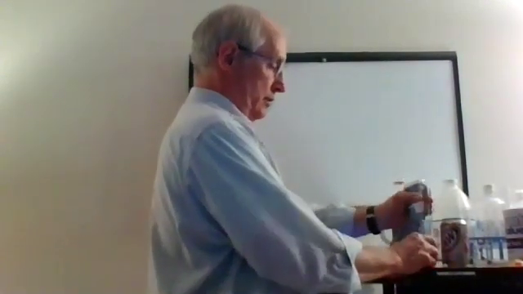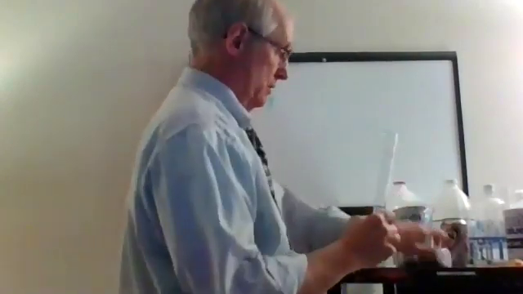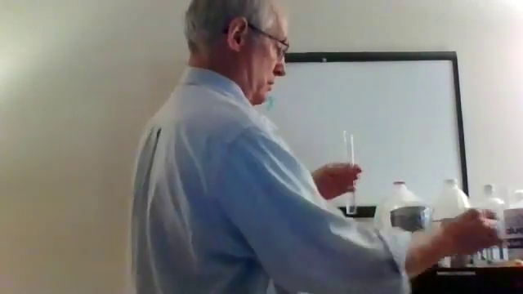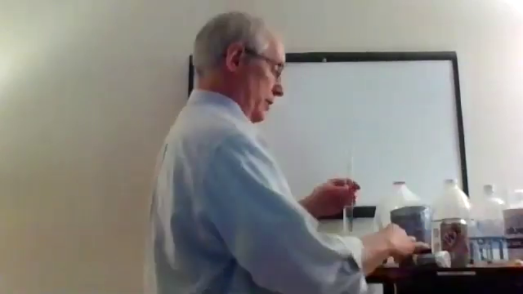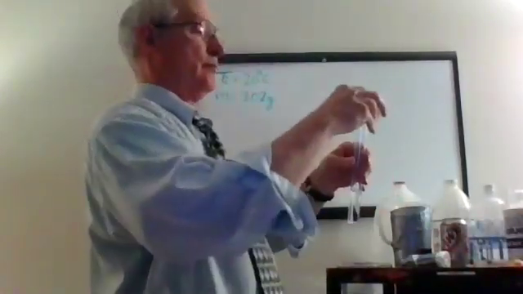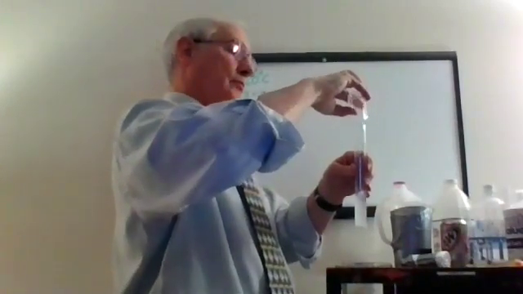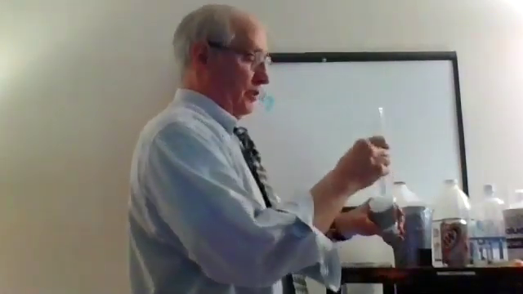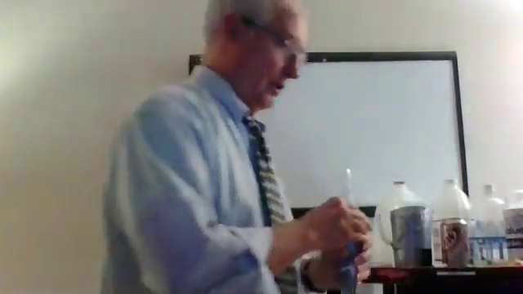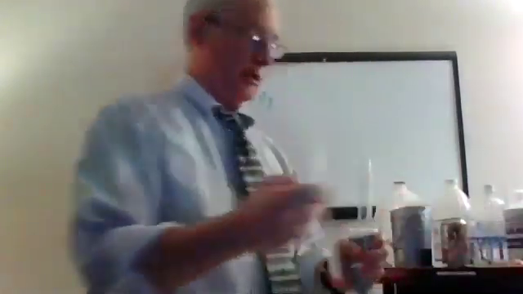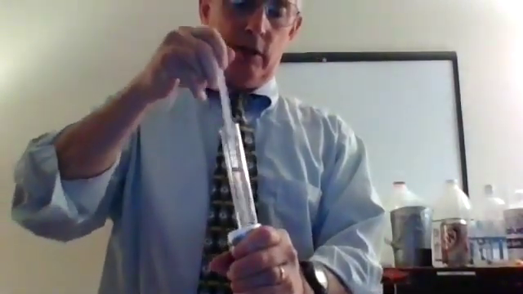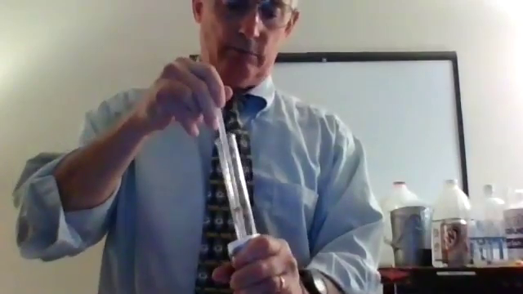I'm going to stick it in this little sleeve that I've made for the styrofoam cup, so you can contain the heat and not get any of the heat of the room.